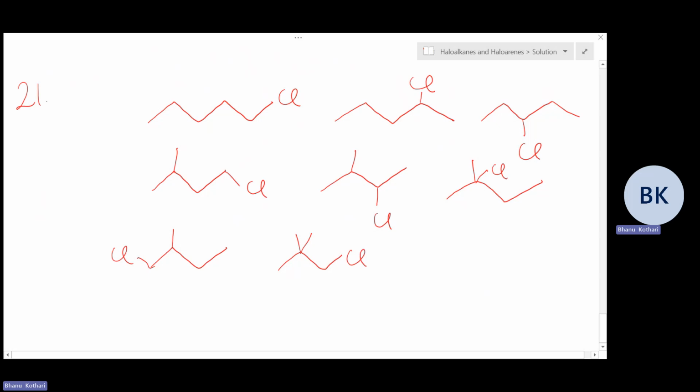These are the 8 isomers that will be formed. Answer will be 8.